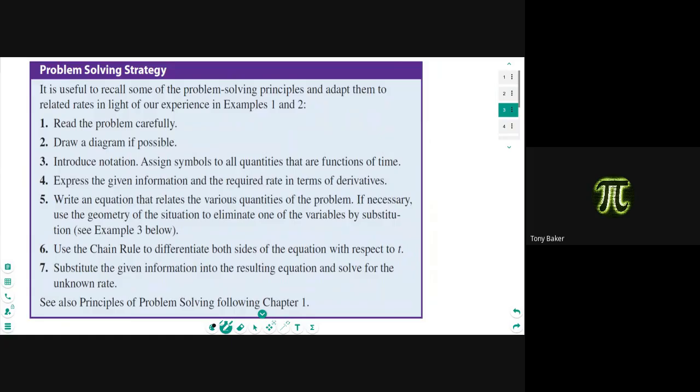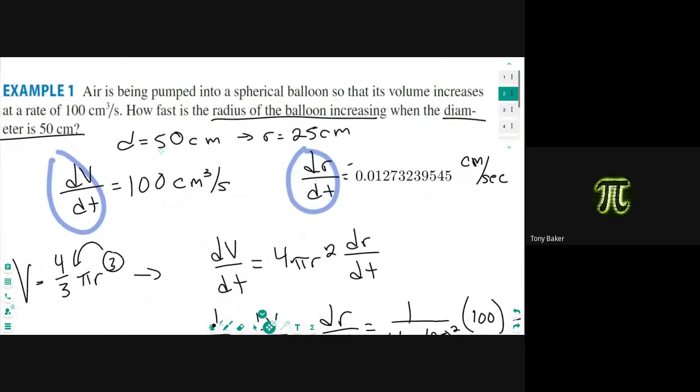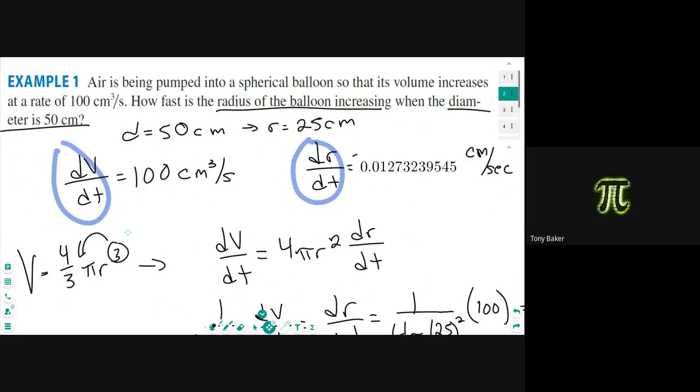Whenever you have something that is changing over time, or a rate of change, or a slope, that's a derivative. So write it like that. The terms they gave me, if you look at the original problem, dictated how I wrote it. The volume increases at a rate of 100 centimeters cubed per second. Centimeters cubed, that's volume. Second, that's time.